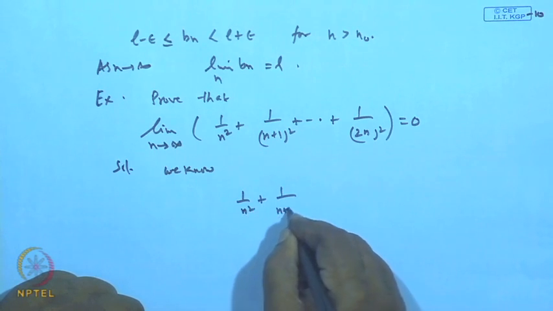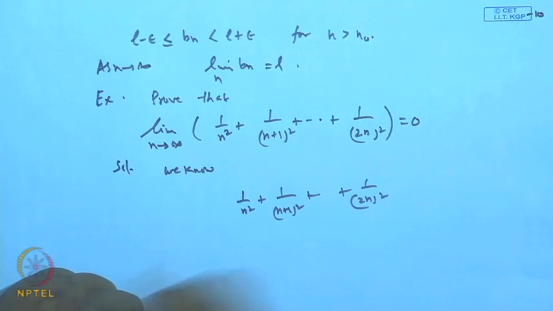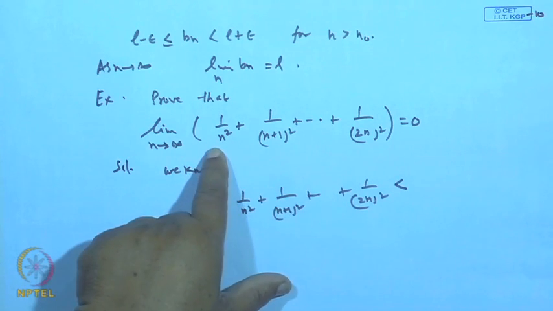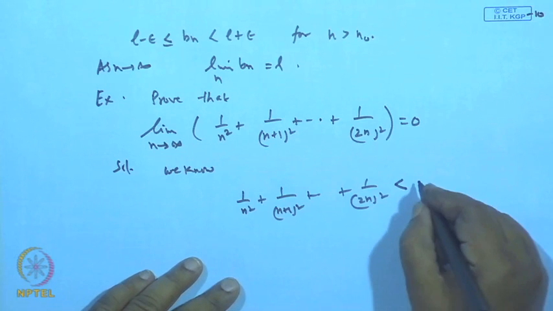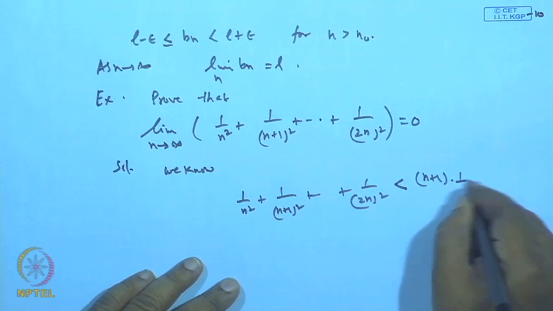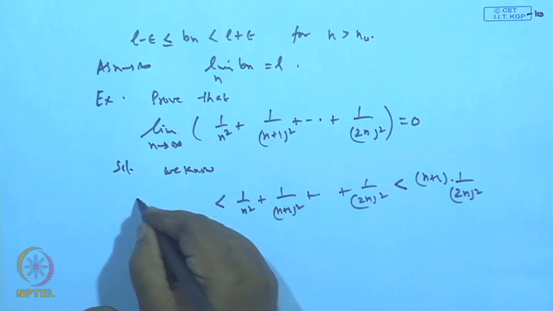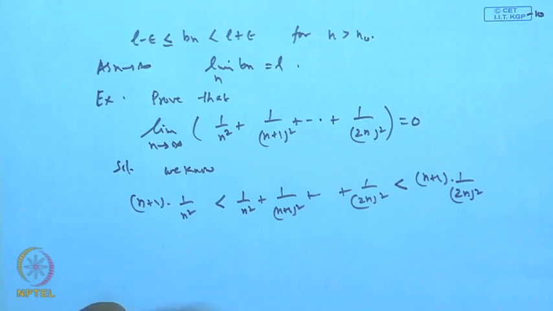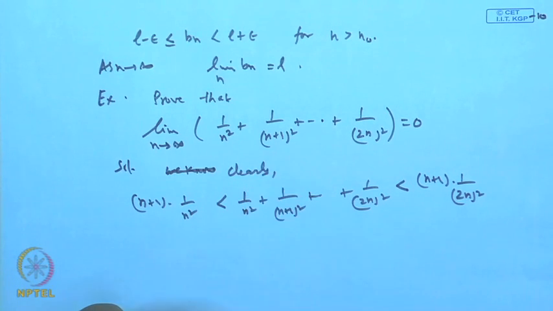So, this sum will be less than the total number of terms, which is n plus 1 starting from n to 2 n, so n plus 1 into 1 by n square, and greater than n plus 1 into 1 by 2 n square. Clearly, we get this, is it not?